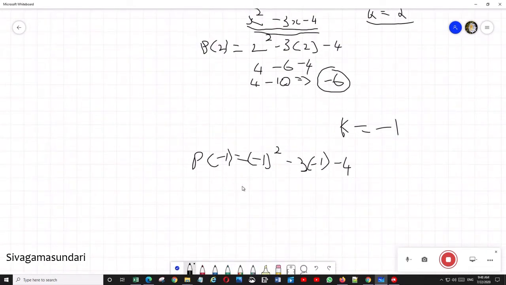Then it is equal to 1 plus 3 minus 4. That is 4 minus 4. That is 0.